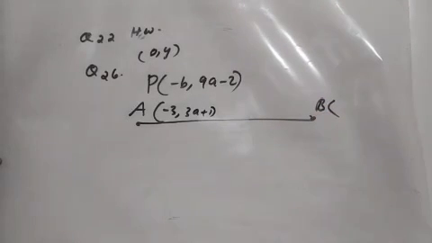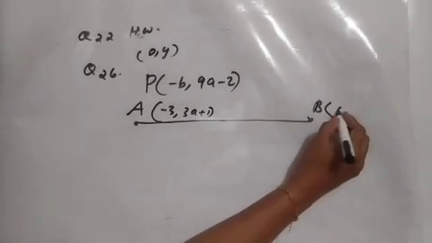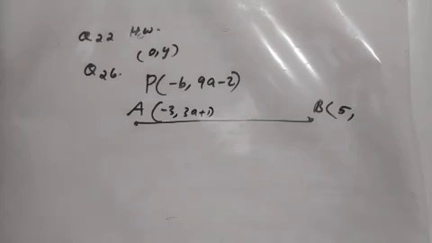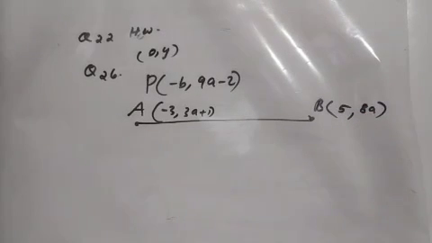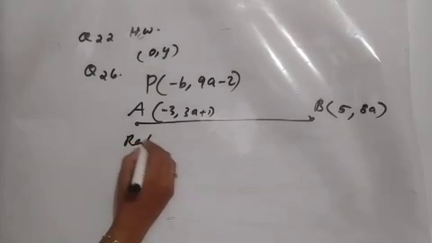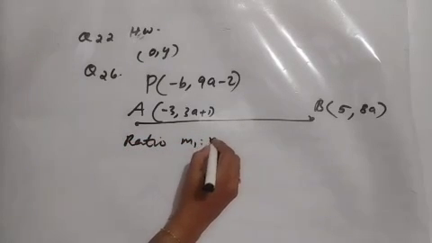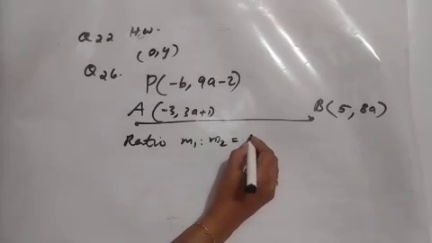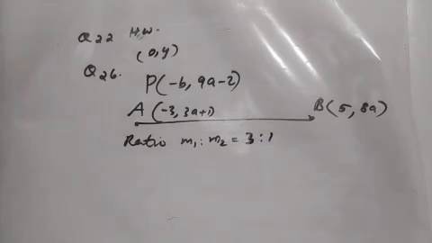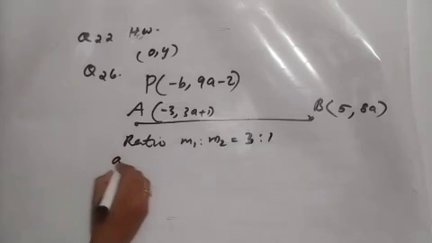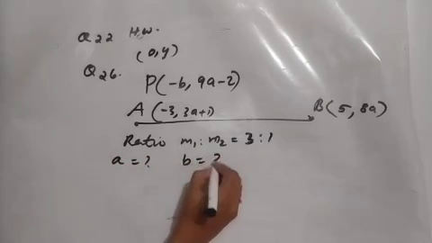B has the coordinates 5, 8a. Variables are also given with the numbers only. It divides in the ratio 3 is to 1, that is m1 is to m2. Find the values of a and b. We have to solve for a and b.